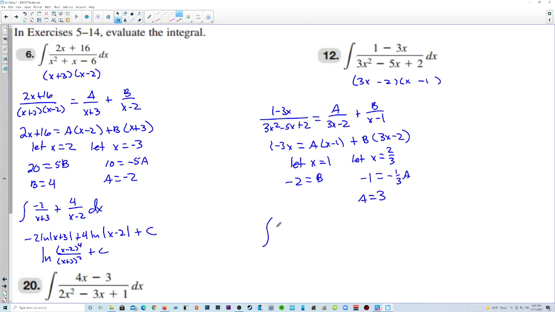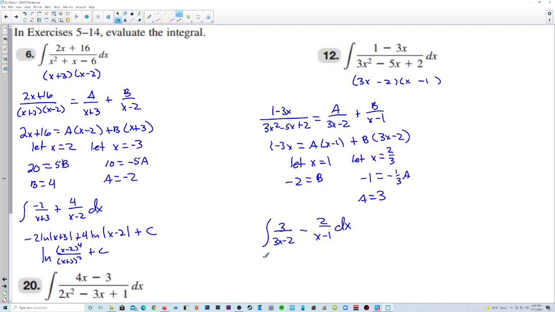Well, now we're integrating a over 3x minus 2. No, not a, but 3 rather. Let's put the 3 in there. 3 over 3x minus 2, and then minus 2 over x minus 1 dx.